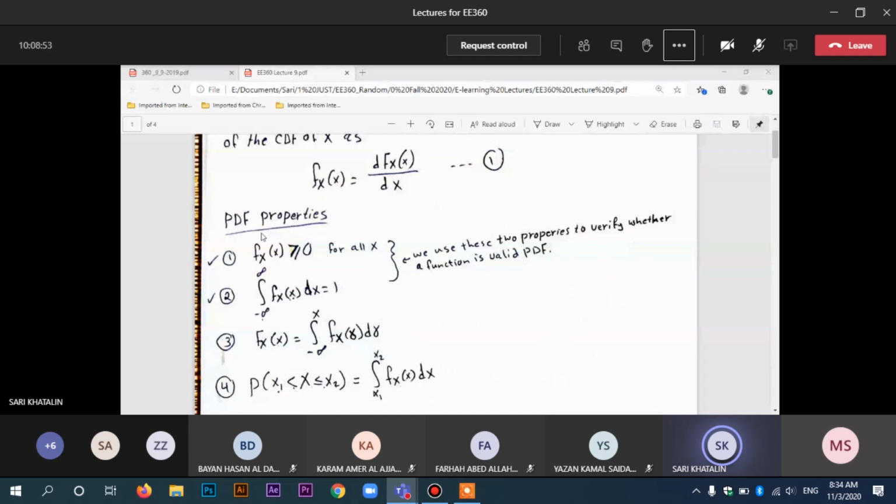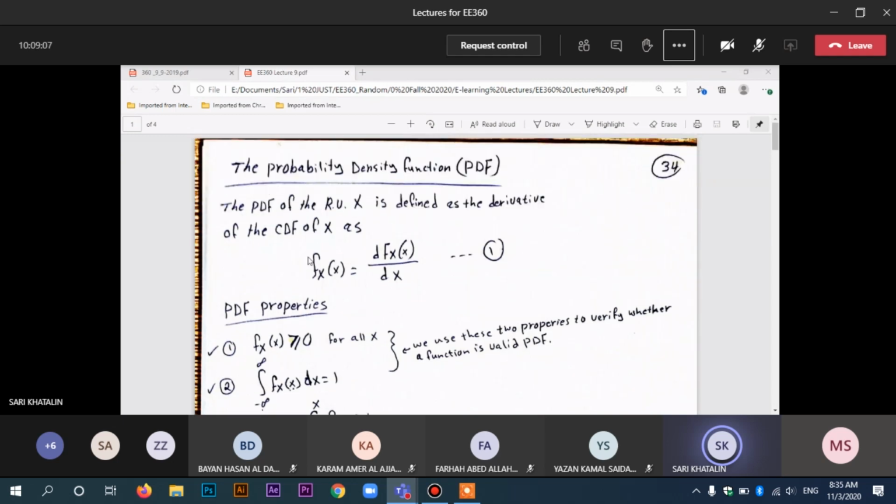Just like the CDF, we also have some properties for this new distribution, the PDF. These are straightforward. The first property is for the PDF, and by the way, the notation for the PDF is f_X. We need to distinguish between capital F and small f. Some people use p, but we reserve p for probability.